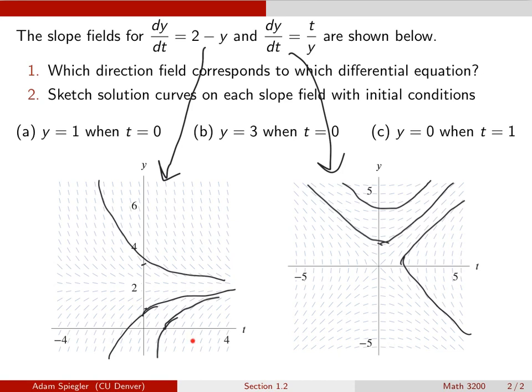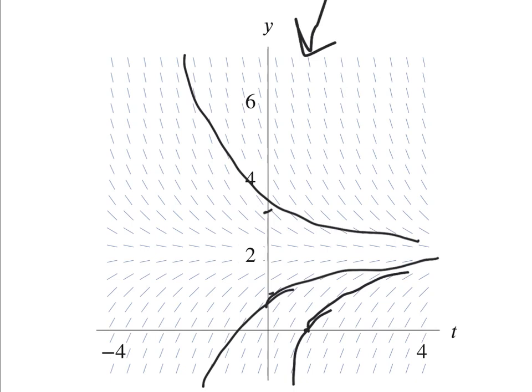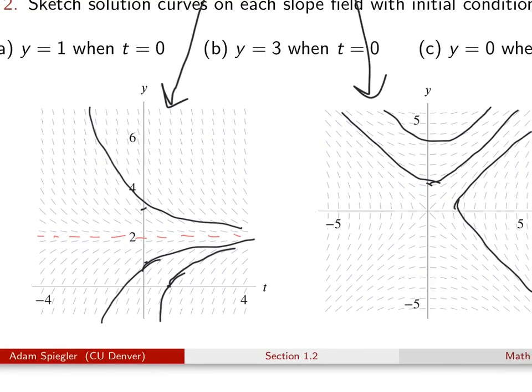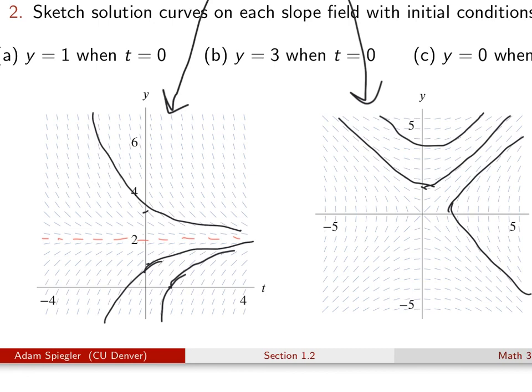And when y is less than 2, all of the line segments have a positive slope. And we can't really see it, but when y is exactly equal to 2, the slope dy/dt should be 0. So we would have a bunch of horizontal line segments through any point that has a y-coordinate of 2.